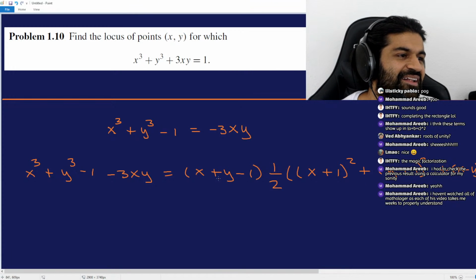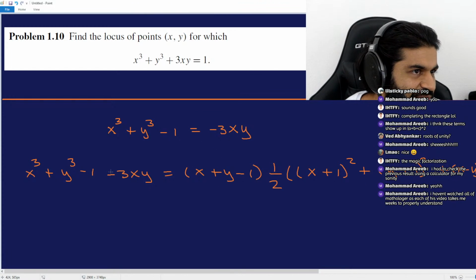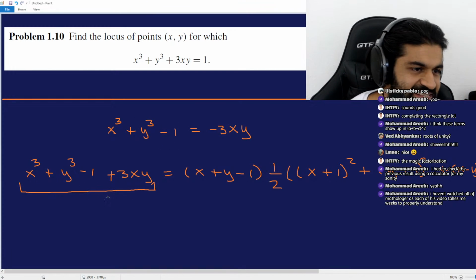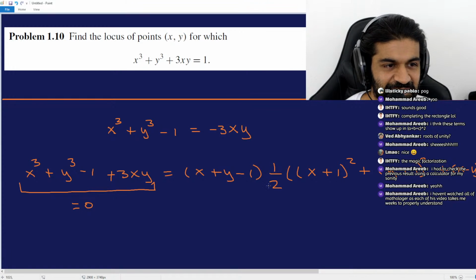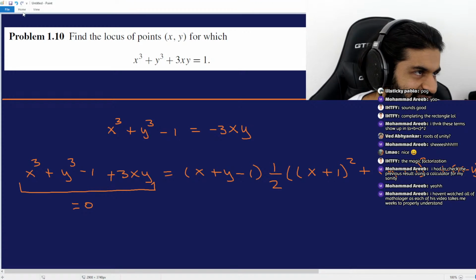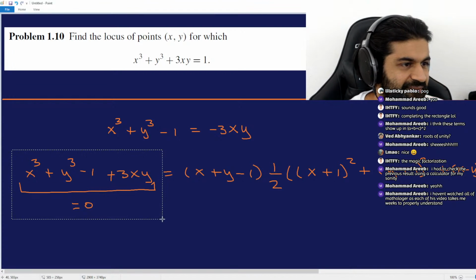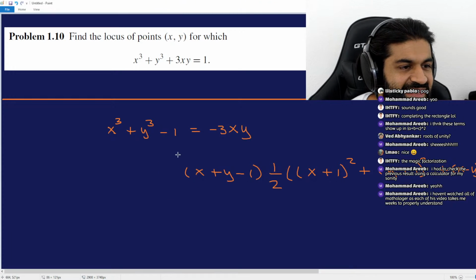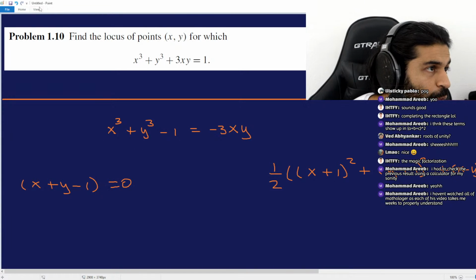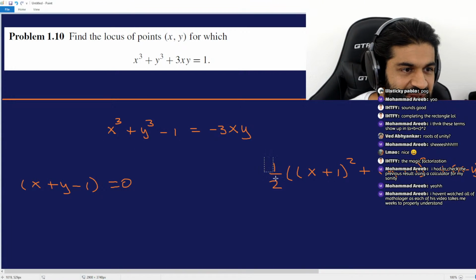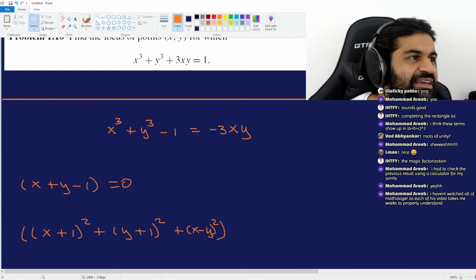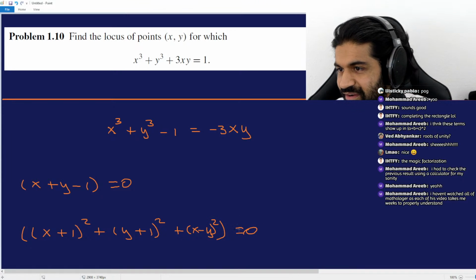Okay, this should be a plus. So we know that this left-hand side is equal to 0, which means the right-hand side is equal to 0, which means one piece of the product on the right-hand side must be 0. So either x plus y minus 1 is equal to 0, or this expression is equal to 0. We can ignore the 1/2. One of the two things must be true.